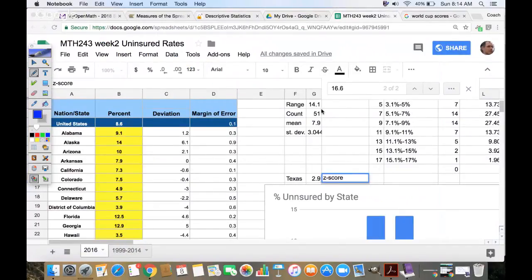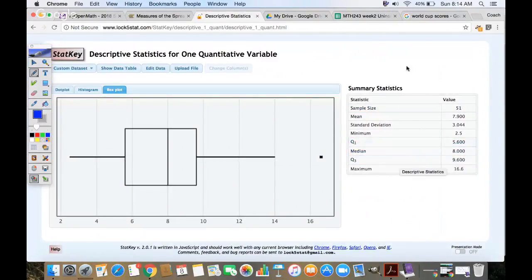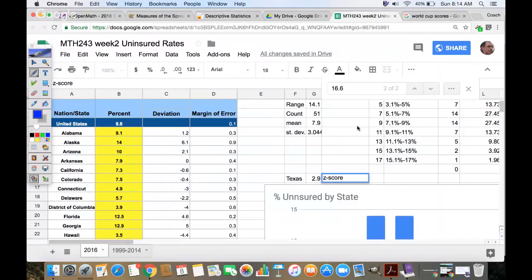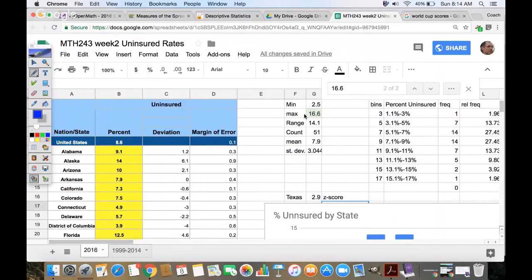In terms of summary statistics, you get most of the summary statistics you need by looking at StatKey, which does them quick for you, or you can whip them out pretty easily in a spreadsheet. So again, numbers we're going to want for sure are the min, the max, range is optional, count's a good idea, the mean, the standard deviation, and then the quartiles.